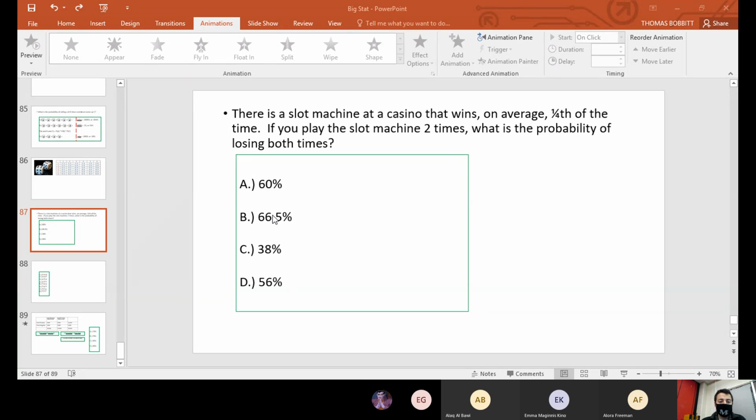All right, it could be A, B, C, or D. So go ahead, and I hope you guys are calculating this at this point. I'm going to quiz you guys on it in like 30 seconds.